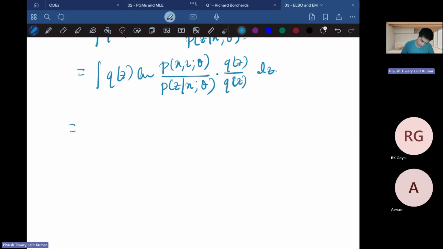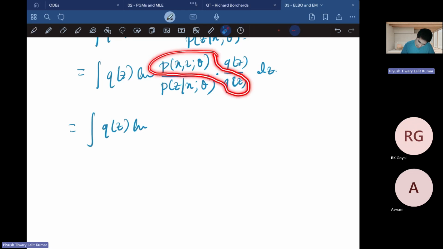Now what is it that we are going to do? It's the following. I will basically split the log terms. I'll show you how. So this is q of z, this is log of... I will basically combine this p with this q and this q with this distribution. Okay, so let me write it down.